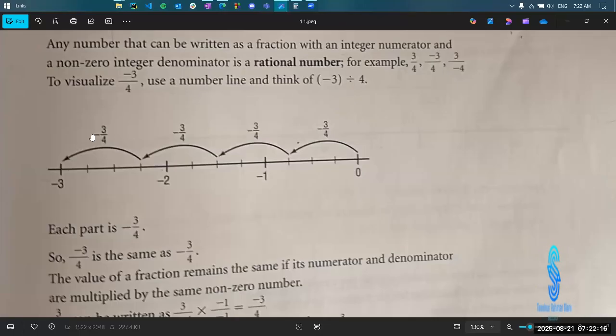So we'll be placing it here. See, 0, then minus 1, minus 2. From here to here, the distance is minus 3 divided by 4. Each part has 3 or 4 sections.